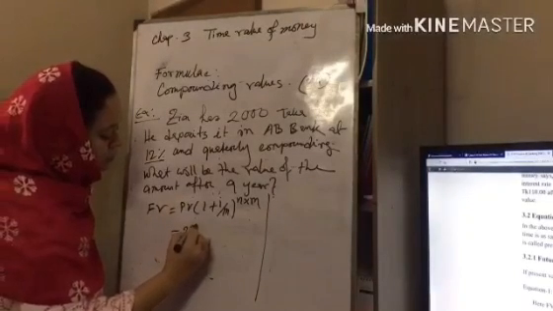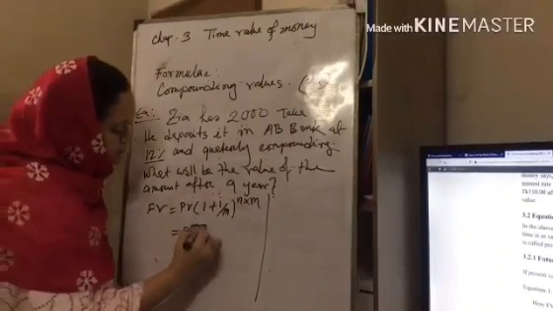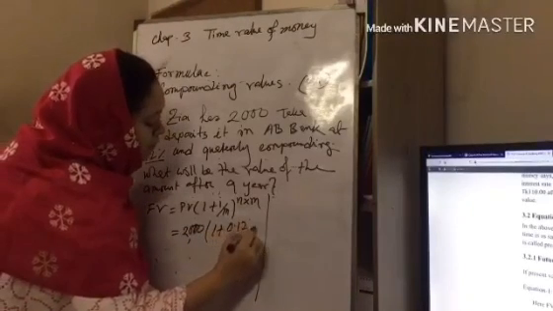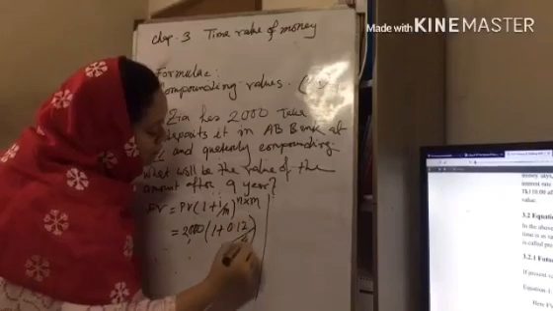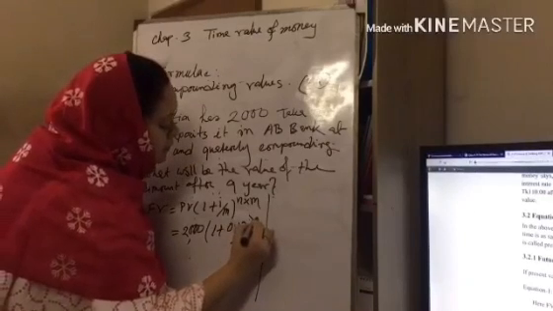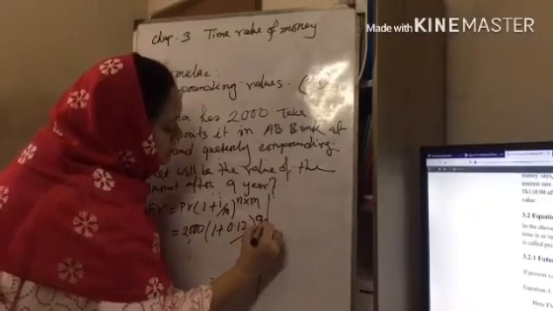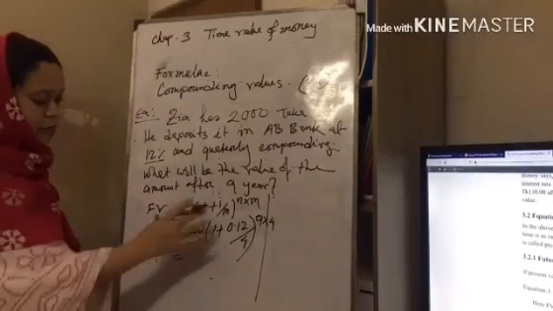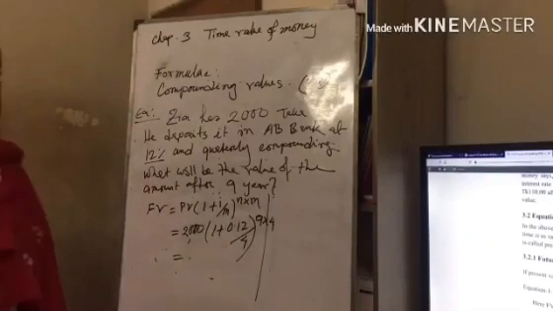Present value from the question 2000, 1 plus I 0.12, M 4, and N 9 years multiply 4. This is the formula, and I have to calculate it.